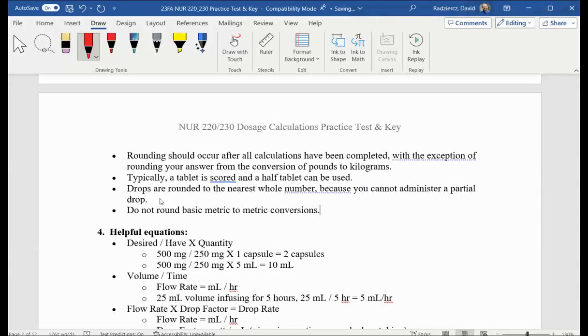But if you're going from grams to milligrams, micrograms to milligrams, milligrams to micrograms, or milliliters to liters, you do not round those numbers. So don't worry about rounding for metric to metric conversions, but you will round if you're going from household to metric or metric to household.